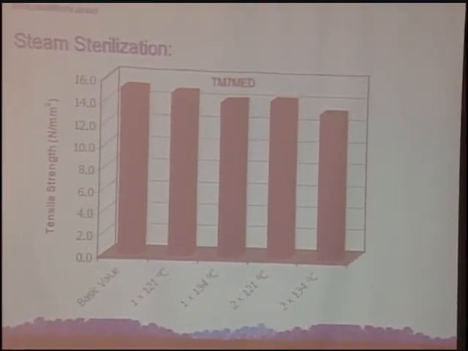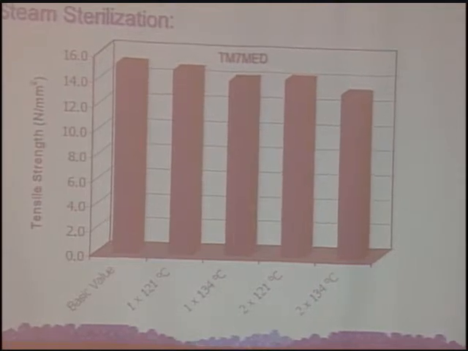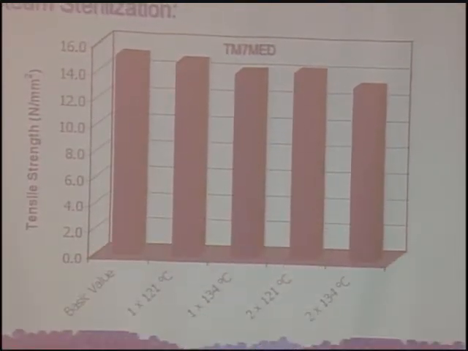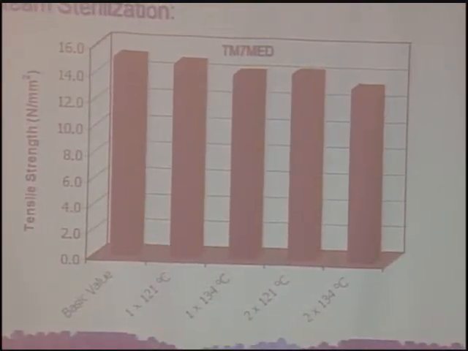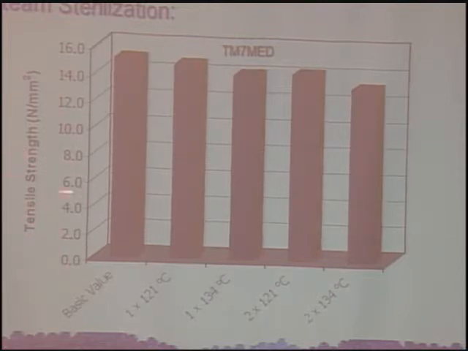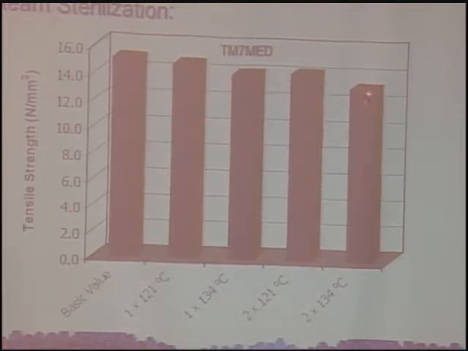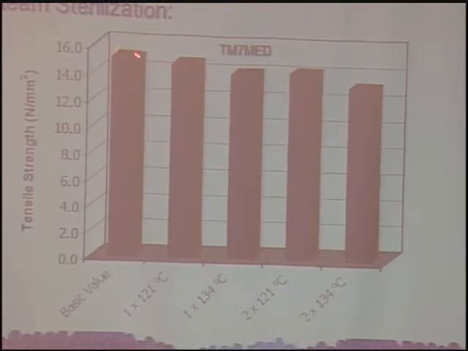This chart shows the steam sterilization of the medical grade material. We conducted autoclave at 121 degrees C, 134 degrees C, or twice at 121 or twice at 134 degrees C. Again, the drop in tensile strength, in this case mechanical strength, is also minimum, from about 16 or 15.5 to a little bit over 13.